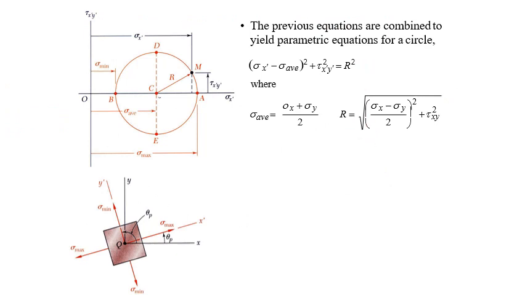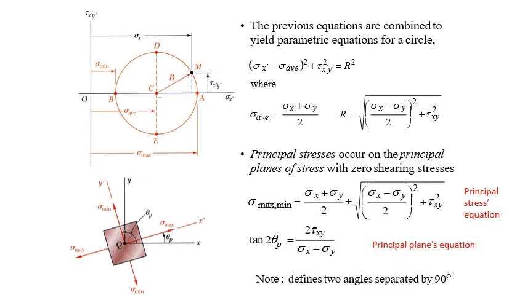If we differentiate the equations and solve them, we get this equation here. Sigma maximum or minimum is equal to sigma x plus sigma y over 2 plus or minus the square root of sigma x minus sigma y over 2 squared plus tau xy squared.